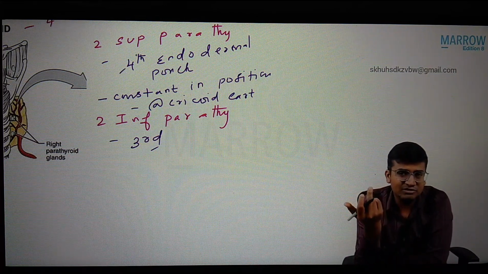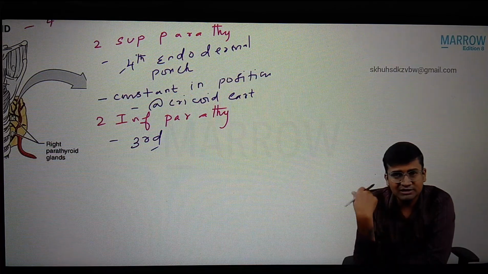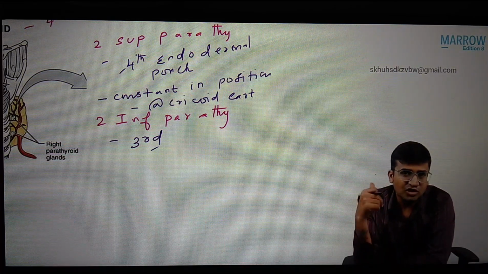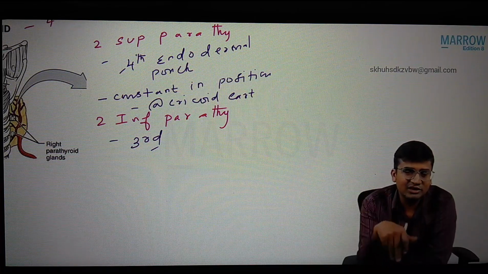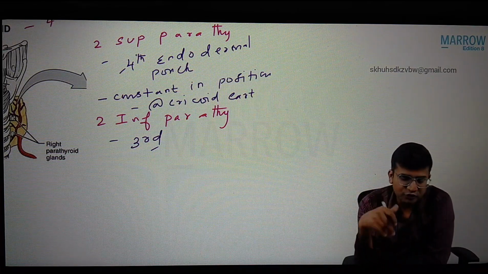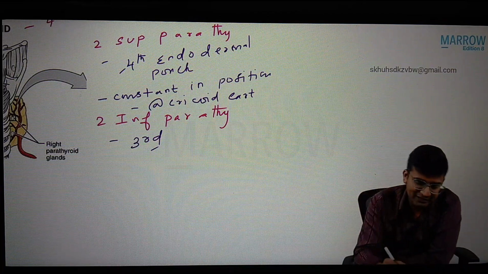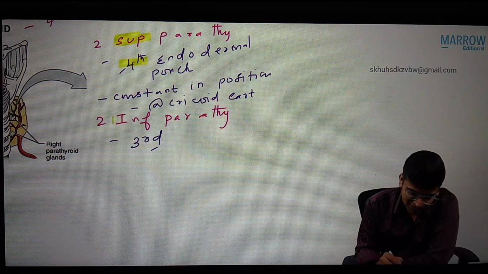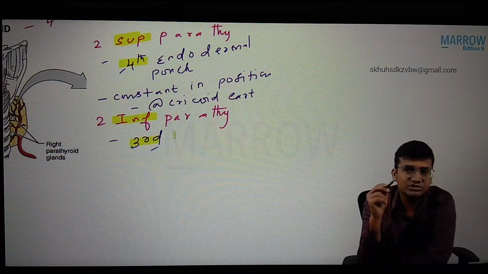Why is the inferior parathyroid from the 3rd pouch? Because of the thymus gland. The thymus is formed from the 3rd pouch and will descend, so along with the thymus, parathyroid 3 also descends. So parathyroid 3 becomes inferior and parathyroid 4 becomes superior.